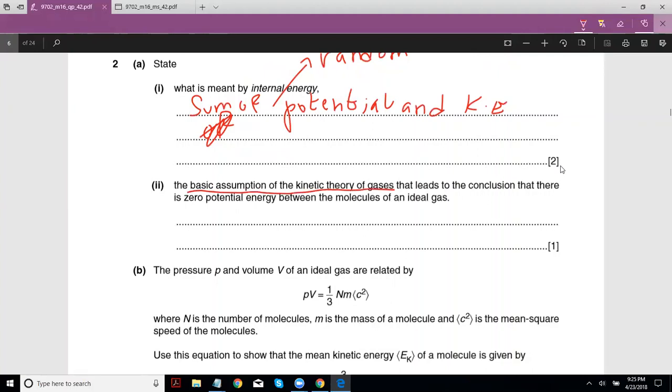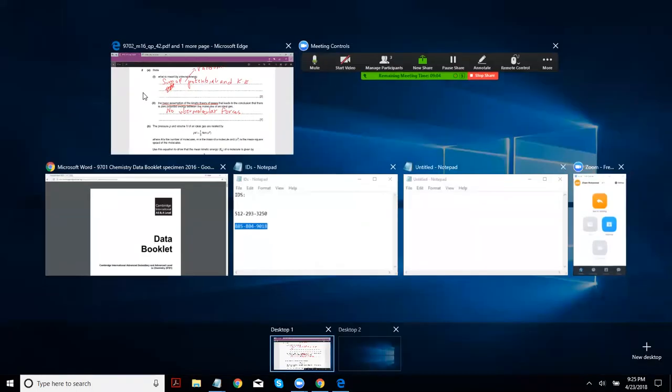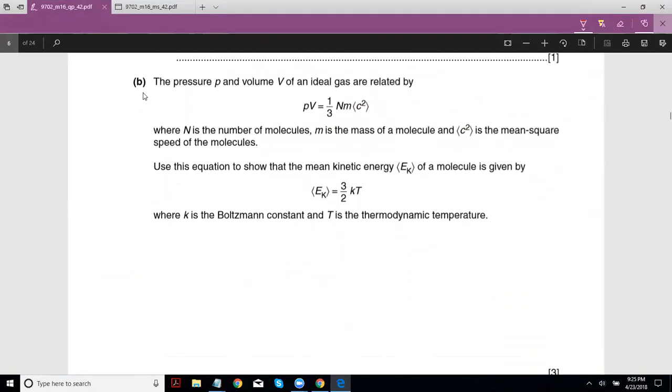Since potential energy depends on either the space between the molecules or the intermolecular forces, the assumption we make in kinetic theory of gases is that in an ideal gas there are no intermolecular forces. So the gas particles don't attract each other, no van der Waals, nothing like that.